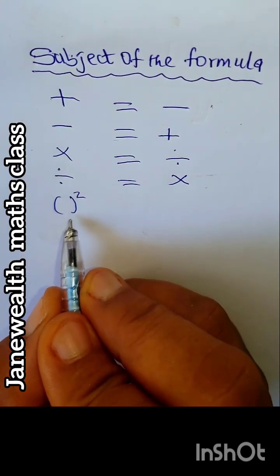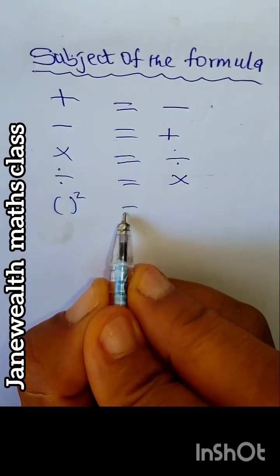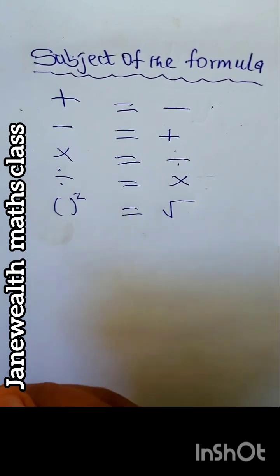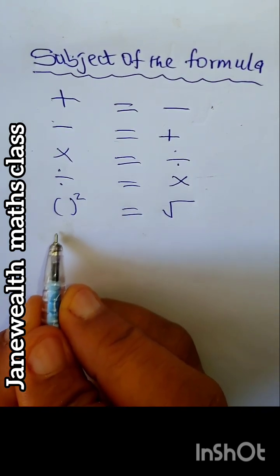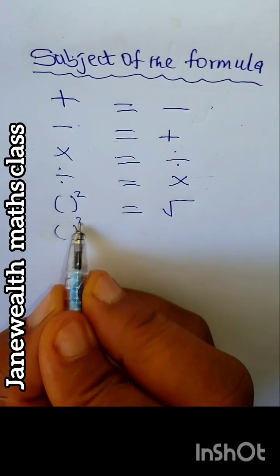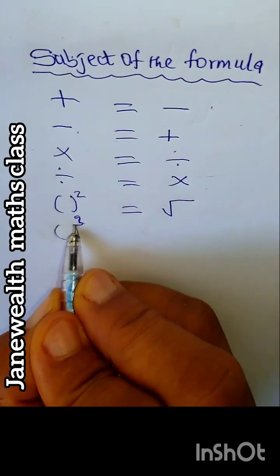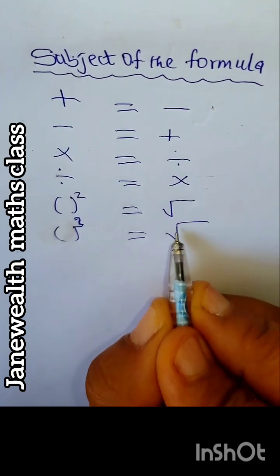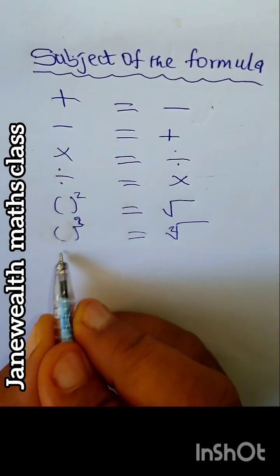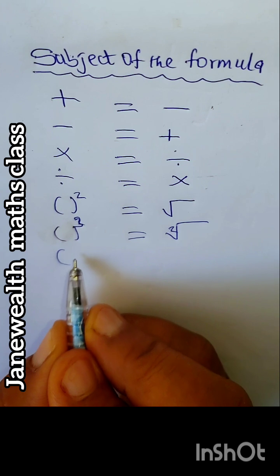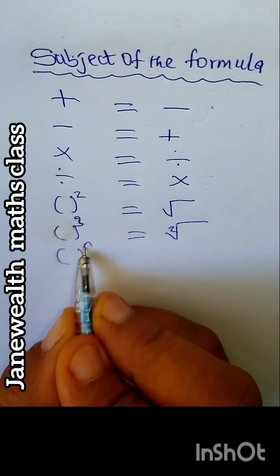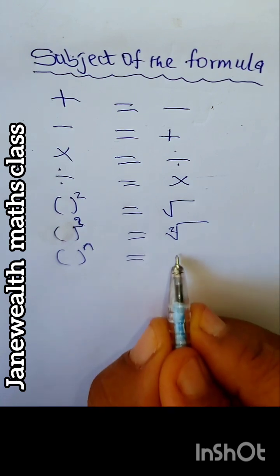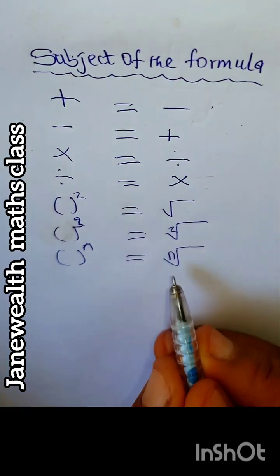If a variable has a square, when it crosses the equal sign, it becomes a square root. Assuming a variable is raised to power 3, when it crosses the equal sign, it becomes cube root. If anything is raised to power n, any number, when it crosses the equal sign, it becomes root n.